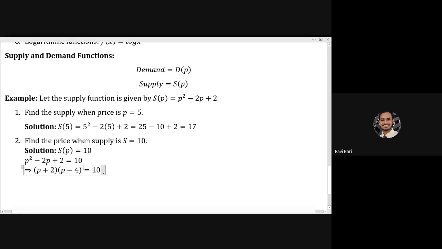So here, if you take this 10 on the left hand side, you will get p square minus 2p plus 2, and minus 10 will come on the left hand side, then it will become minus 8, and this side it will become 0.